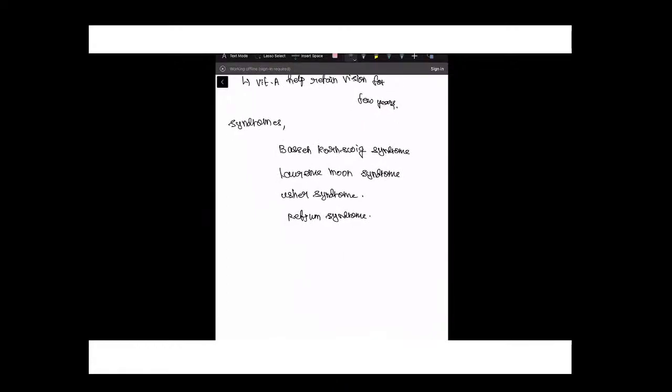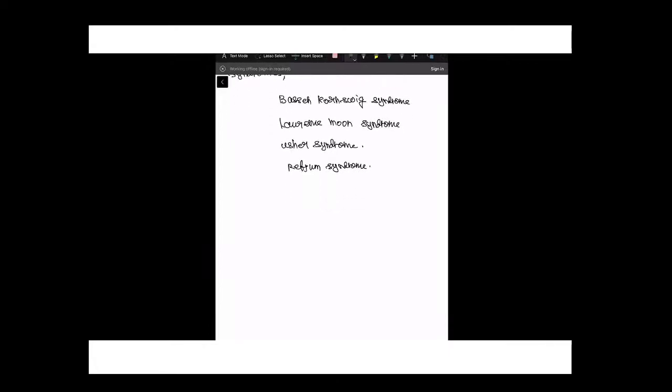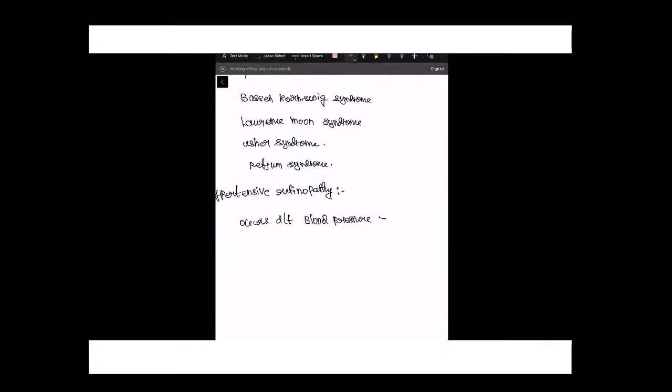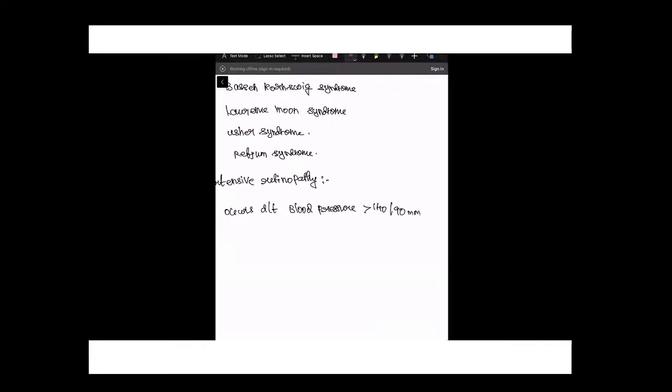Last, we have hypertensive retinopathy. It occurs due to blood pressure of more than 140 systolic and 90 diastolic millimeter mercury.